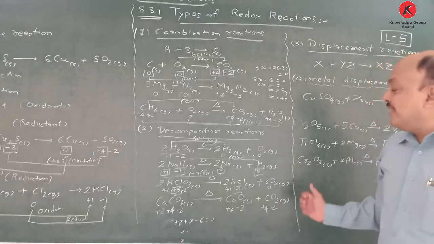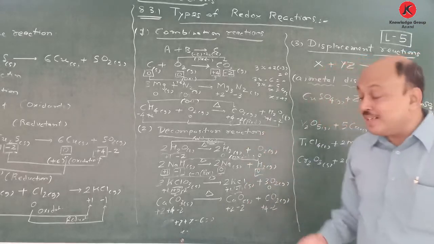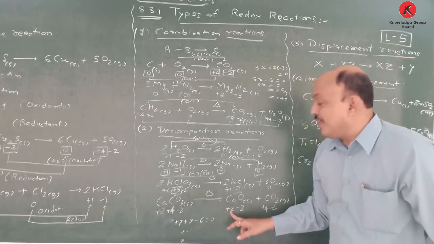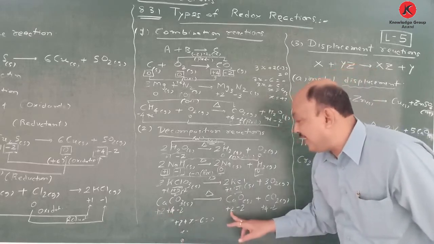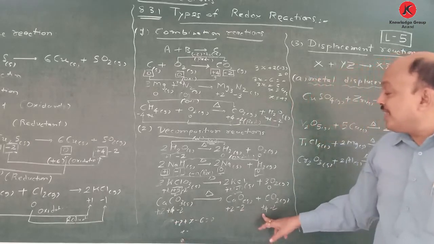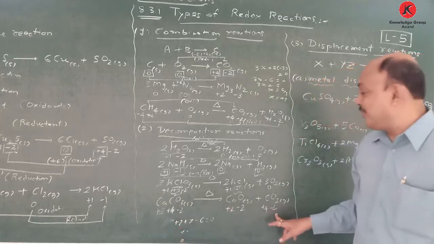Calcium carbonate is converted into CaO solid and CO2 gas. This is a decomposition reaction, but it is not a redox reaction, because on both sides the oxidation numbers show no change. Calcium is plus 2 to plus 2, carbon is plus 4 to plus 4, and oxygen is minus 2 to minus 2, so there is no change.